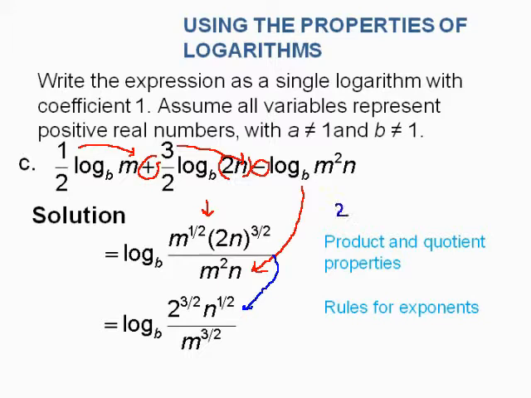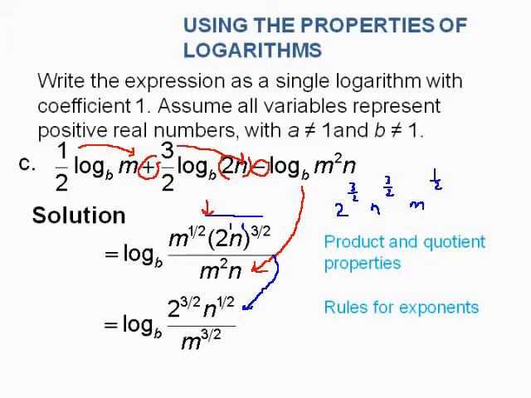Well, 2 to the 3 halves power, n to the 3 halves power. If you raise both 2 and n to the 3 halves power, you're going to have that. And then, they skipped some steps here. I don't like when they do that. M to the 1/2 power.